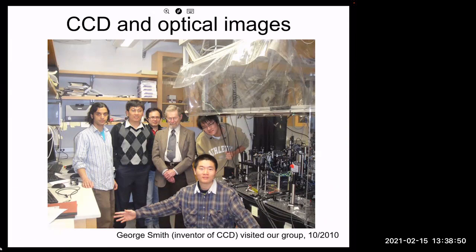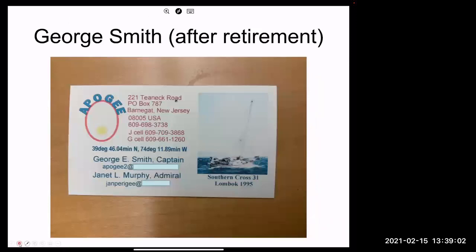And he was very happy that we are using CCDs in the lab. I was kind of astonished by that comment. And this is a business card he passed to me. You don't even see doctor. You don't see anything in his title. He's actually captain.